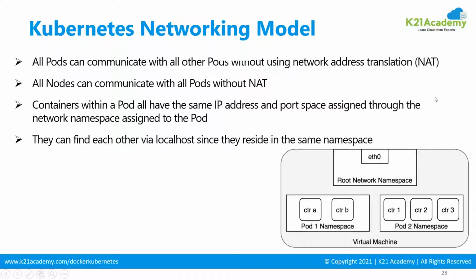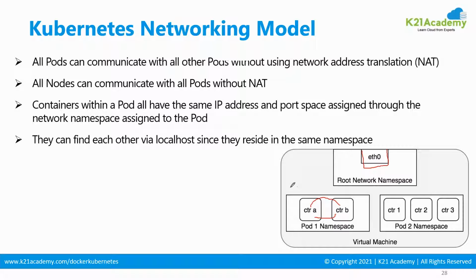So you can see here, guys, this is my worker node or virtual machine, right? Each worker node has the LAN card, let's say this is an eth0 LAN card, and there are two pods here, pod 1 and pod 2. So how will container A talk to container B, or container B talk to container A?